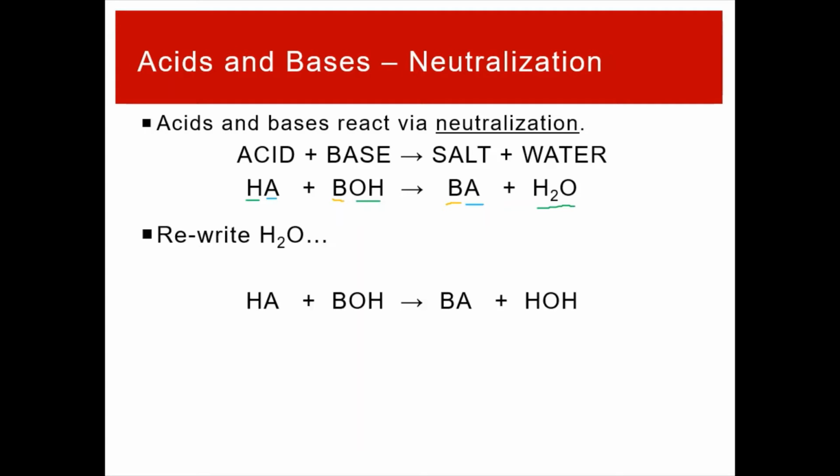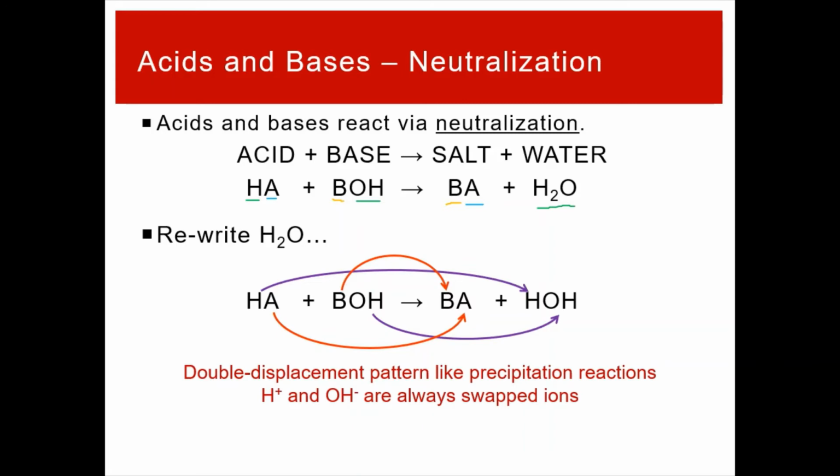If we rewrite H2O as, say, HOH, which is not correct, but if we rewrite it in this way, we can see this is following a double displacement pattern. Acid-base neutralization reactions follow that exact same pattern that we already saw for precipitation. It's still double displacement, and the H+ and the OH- swap.